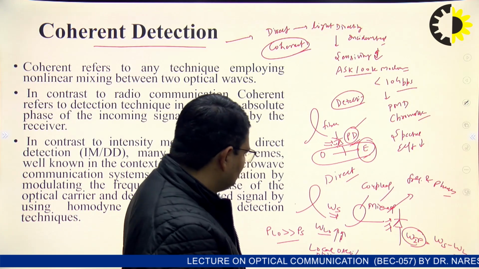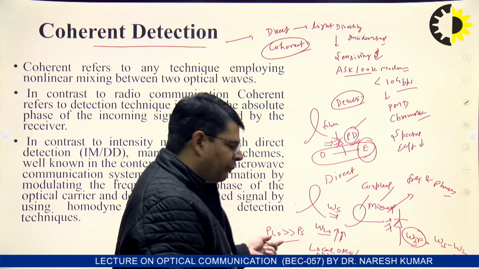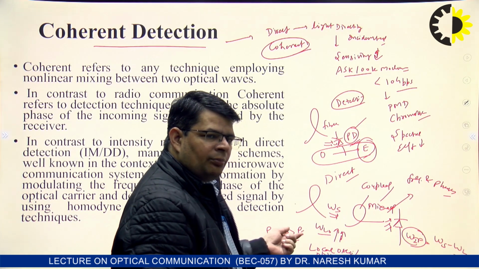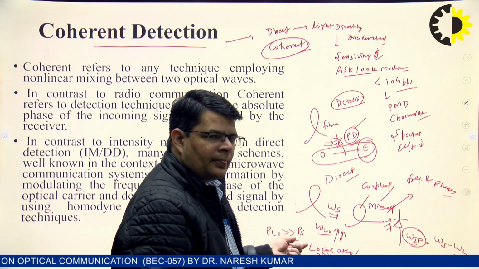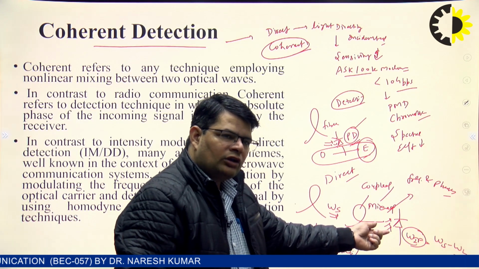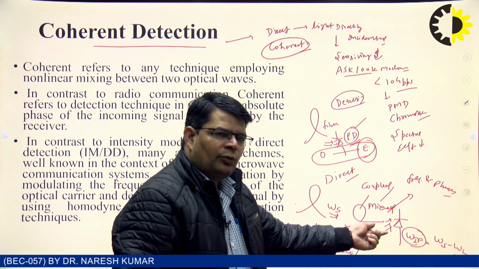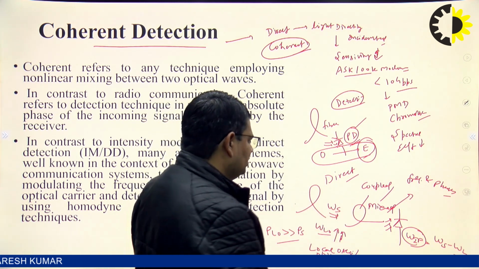As we are using a local oscillator signal additionally, and the power of this local oscillator signal is much greater than the power of the received signal, the power incident over the photodiode is comparatively more than in direct detection. So what happens in this case?